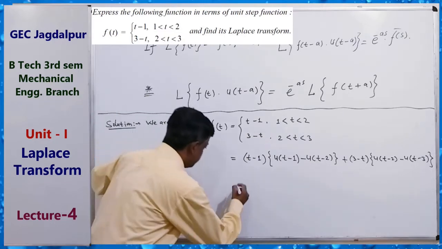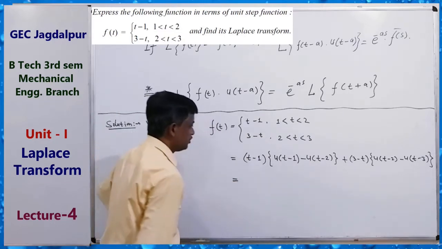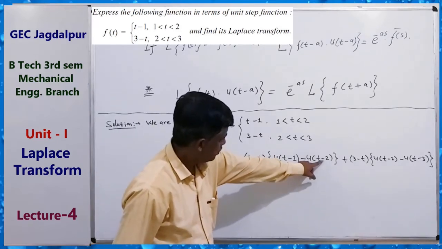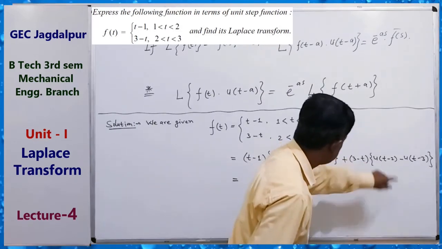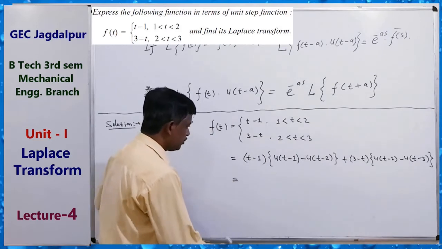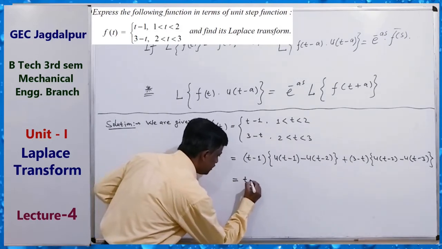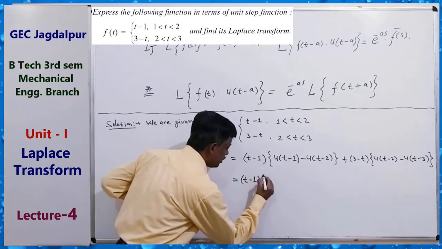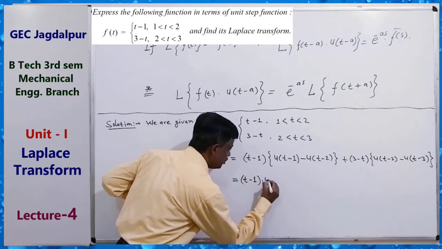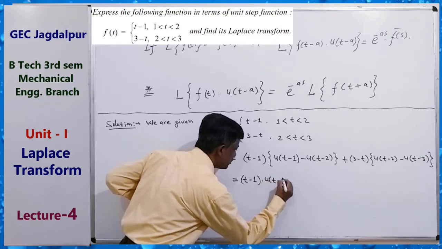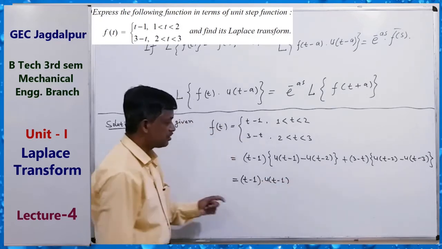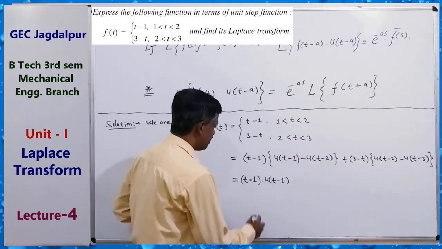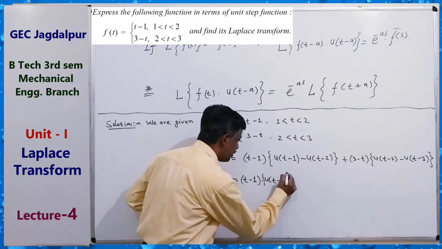Now we can solve it. Here t minus 1 into u(t minus 1). This is not a product, this is the unit step function. So you can write it like this.